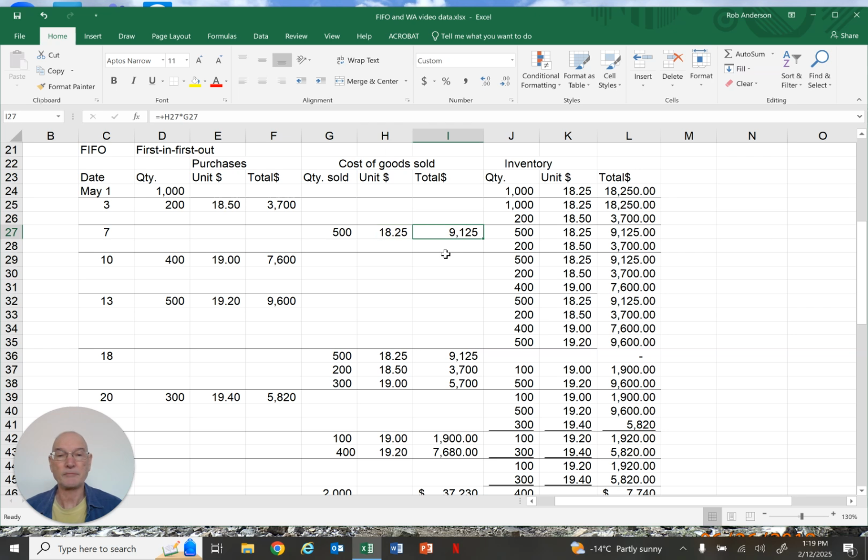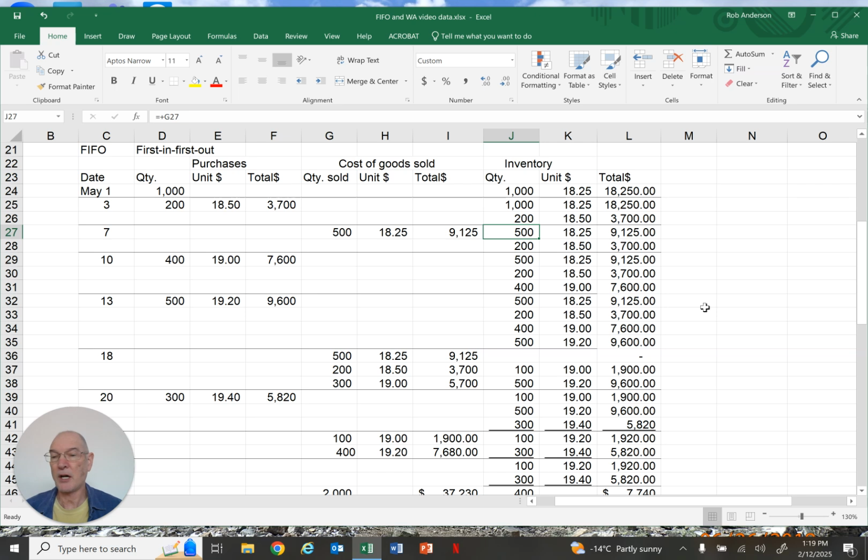There's our total. Now we get to the inventory columns and we say, well, what do we have left? We have all of the most recent purchase, and we have 500 remaining of this initial 1,000. So 1,000 less the 500 sold is 500 remaining.